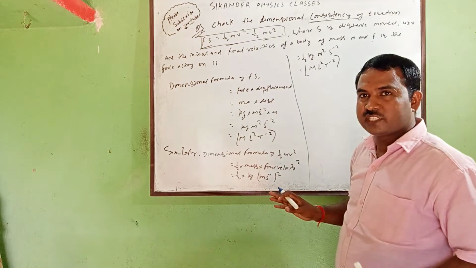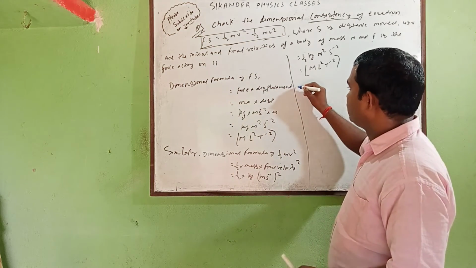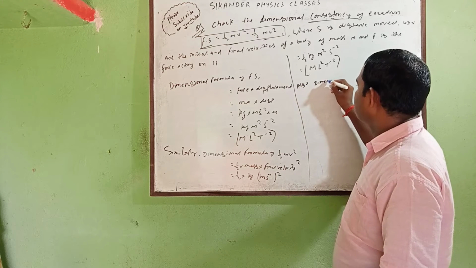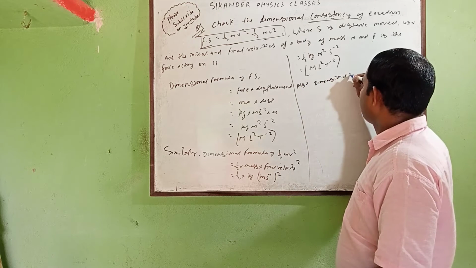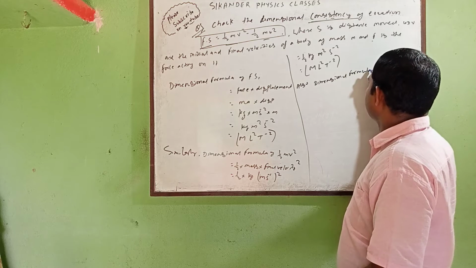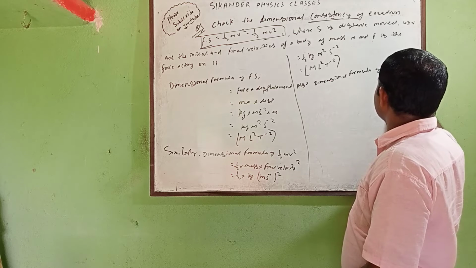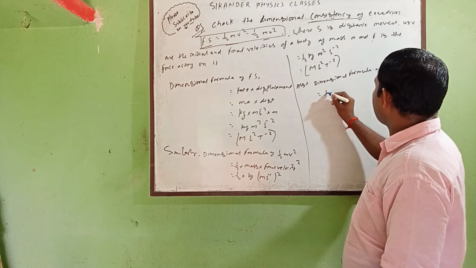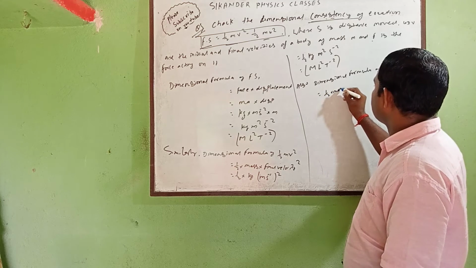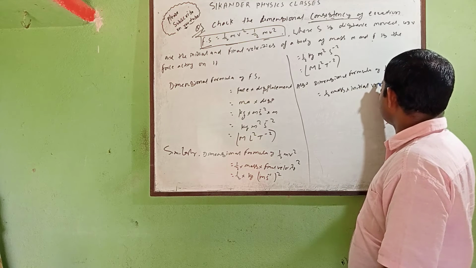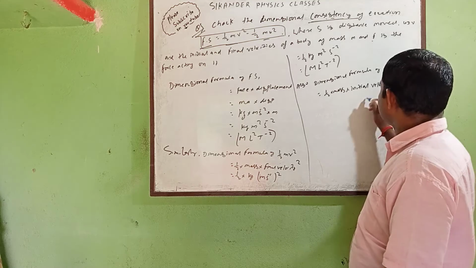So both terms have the same formula. Now you have to find the third term, the dimensional formula of half m u square. Write half into mass, the same process, with u the initial velocity, and then whole square.